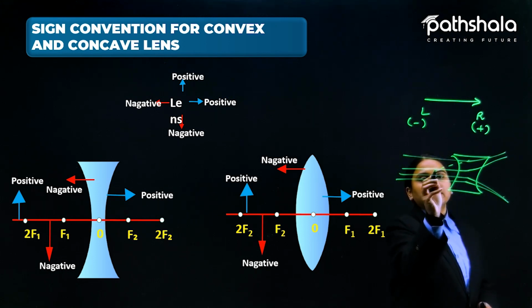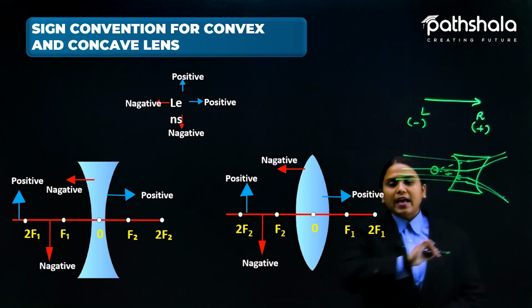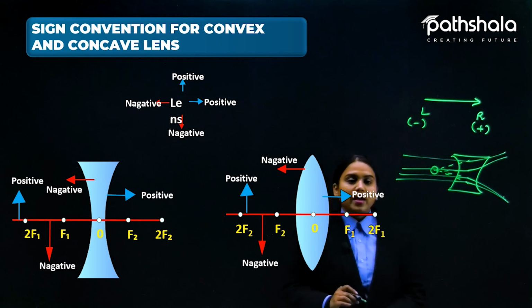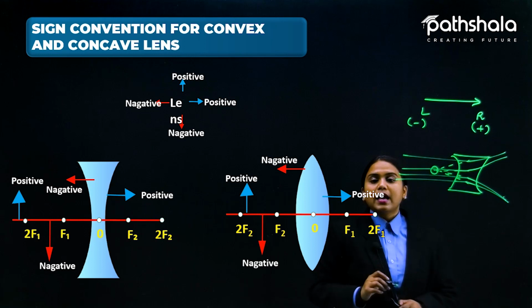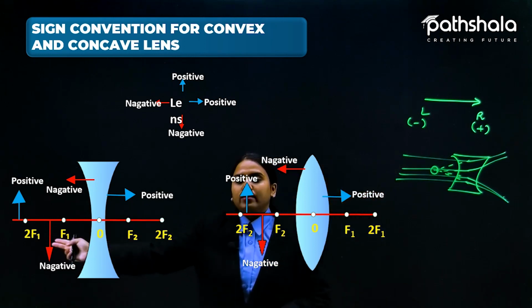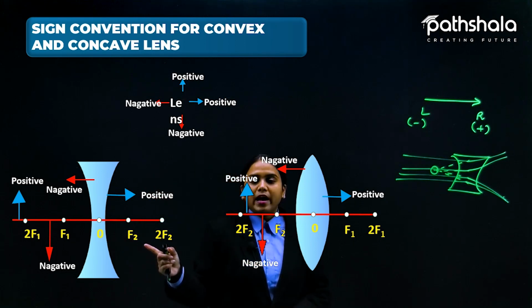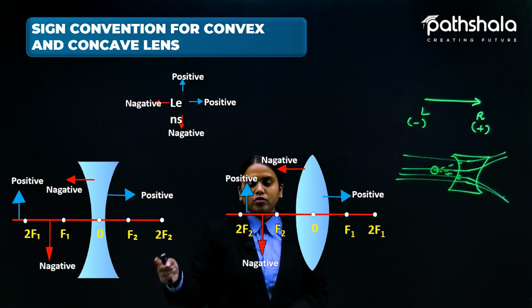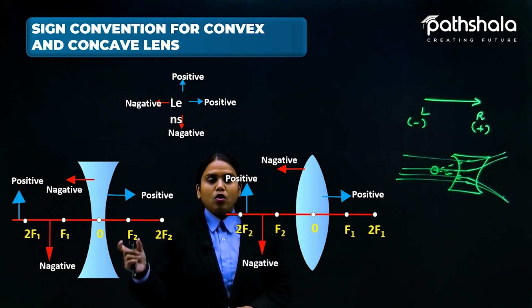It appears like they all are coming from this side. That is why this one is allotted as the focus one. And twice the distance of the focus one would be 2f1. Here also we are having different focus for this curvature, so f2 and 2f2 is the twice of this focal length.